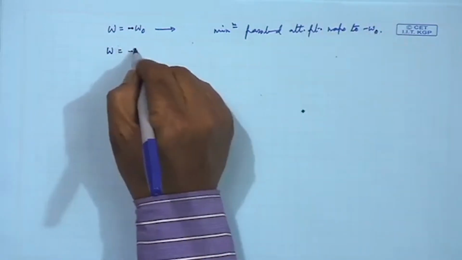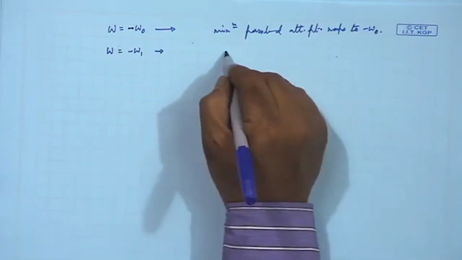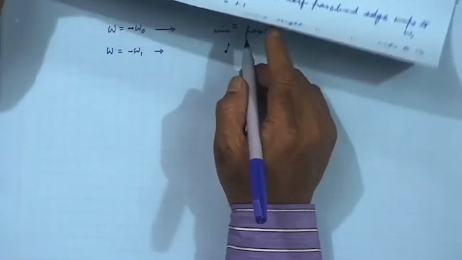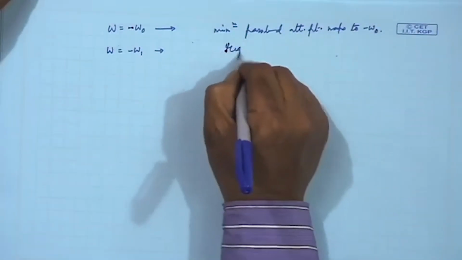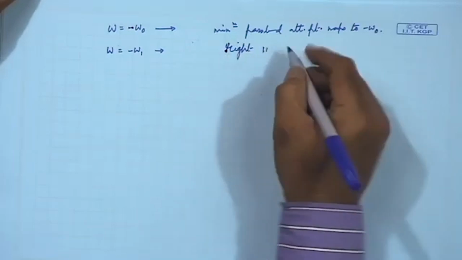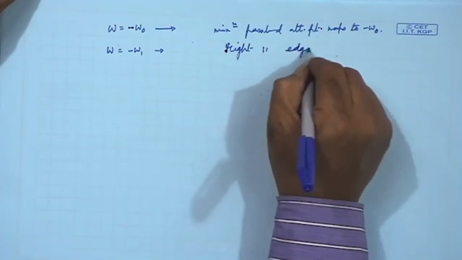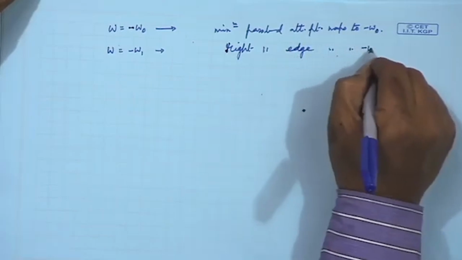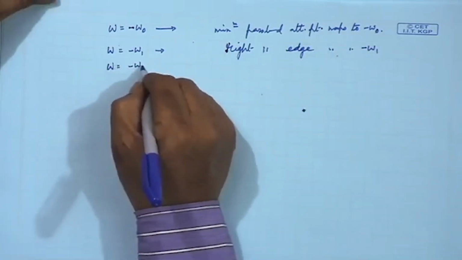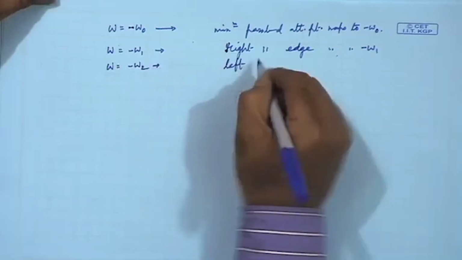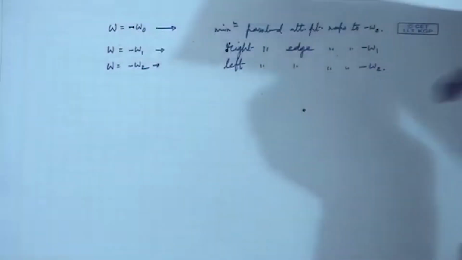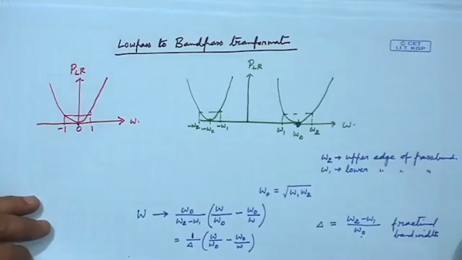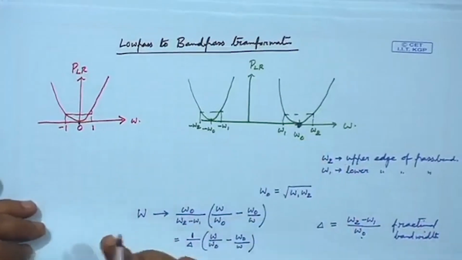If you take omega is equal to minus 1, then you will see that it maps to minus omega 1, the right passband edge instead of the left passband edge for positive frequency. For omega is equal to minus omega 2, you will see the left passband edge maps to minus omega 2. So, you get a plot like this. So, the transformation is correct.